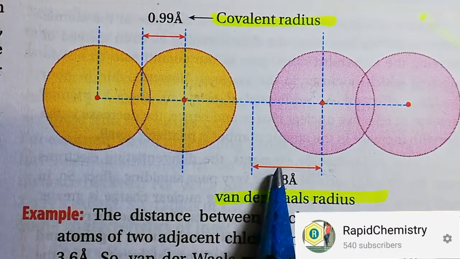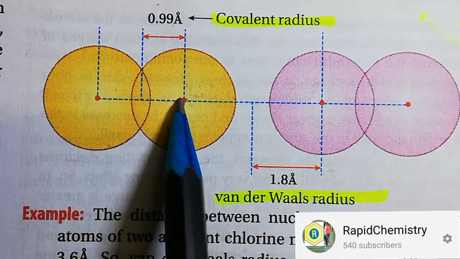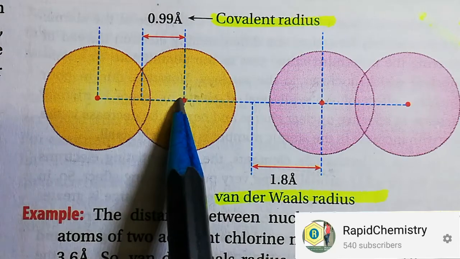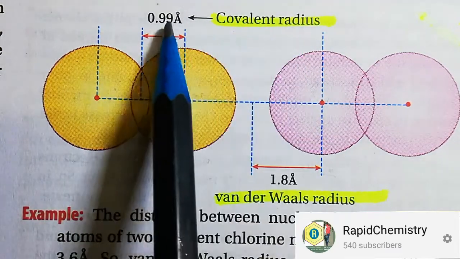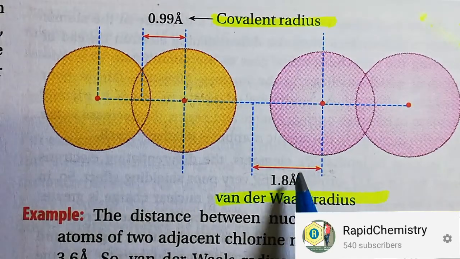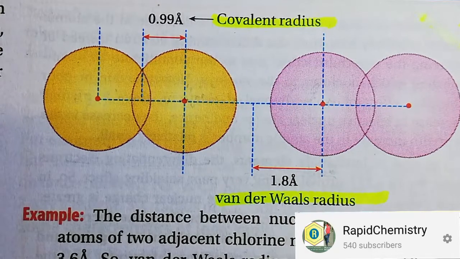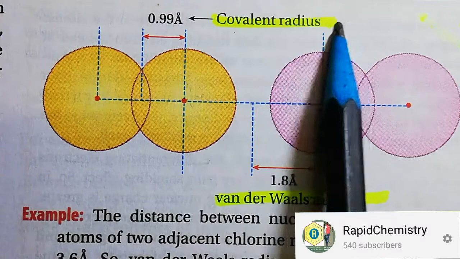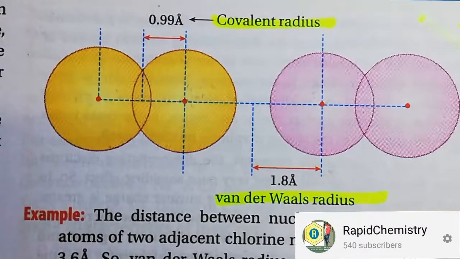Try to understand one thing. Atomic radius is that much, and then we got covalent radius. Covalent radius has been shown here, 0.99 angstrom, but the van der Waals radius is a bit more than those two. That is, covalent radius is smaller than the van der Waals radius.